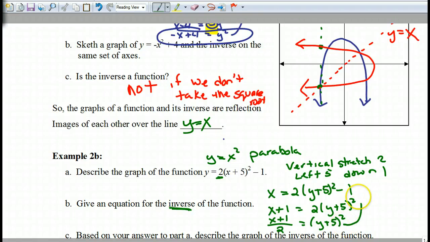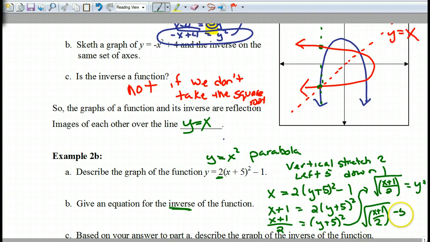Now I'm going to move to the next line over here. So then we have the square root of (x plus 1) over 2 equals y plus 5. And then we subtract 5 from both sides. So we have the square root of (x plus 1) over 2, minus 5. That's outside the square root, you guys.